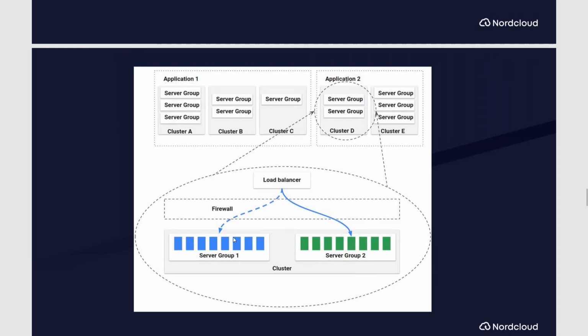These server groups are the autoscaling groups if you use EC2-based deployments, and those server groups form the cluster.